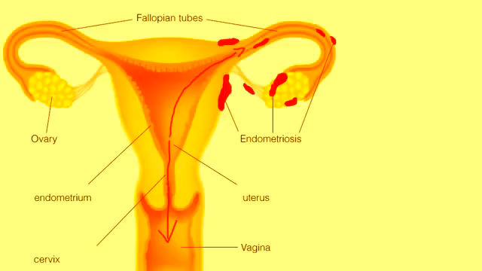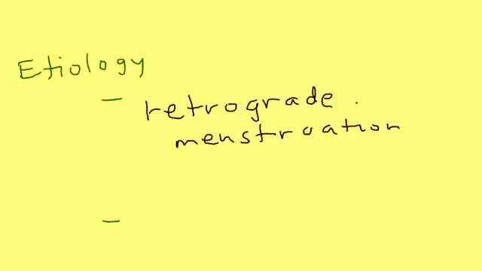Once the blood flows in the opposite way, it can carry with it some of this endometrial tissue, and that can end up in these ectopic places. So retrograde menstruation is one accepted hypothesis.